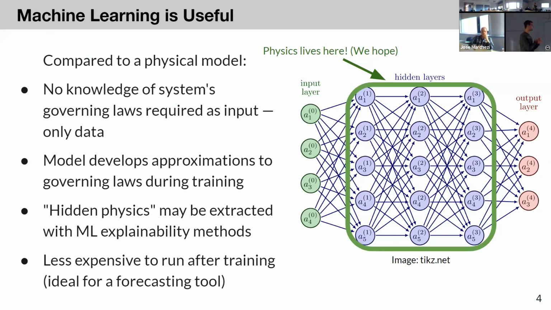First of all, with the model you build, you don't need to know the physics beforehand, not strictly so. All you need to do is provide it enough input data to develop approximations of the physics during the training period where you're building the model.